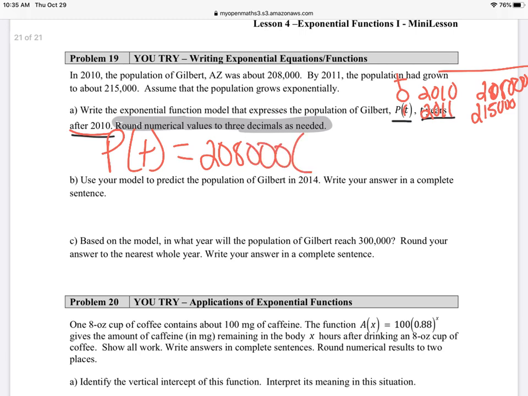If I know that, and I know 2 consecutive populations, so I know in one year it was 208,000, and the next year it was 215,000, I can divide 215,000 by 208,000 and get a growth ratio of about 1.03. So that means here I'm going to put 1.03 raised to the t.